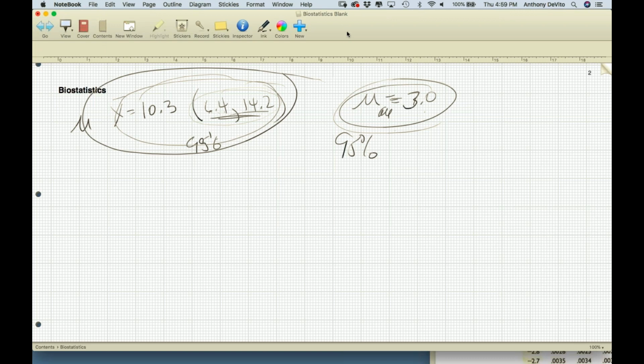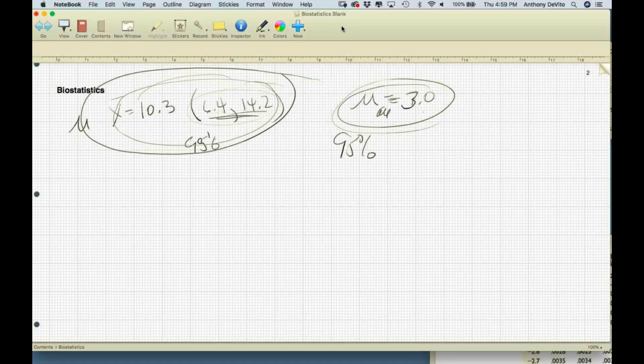I'm going to do it with... let's see. X bar was 10.3. Let me go back to the sample. I'm going to forget about this and come up with my own standard error. Let's say my sample size is equal to 100.